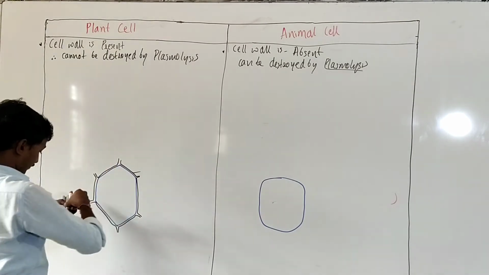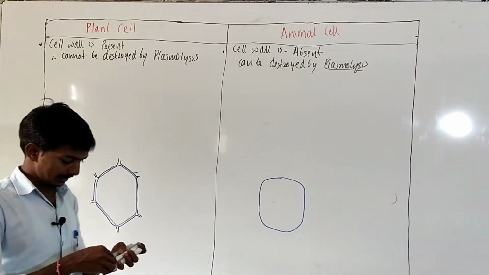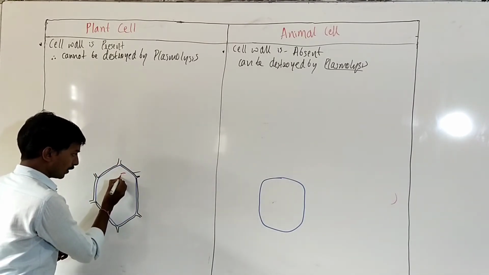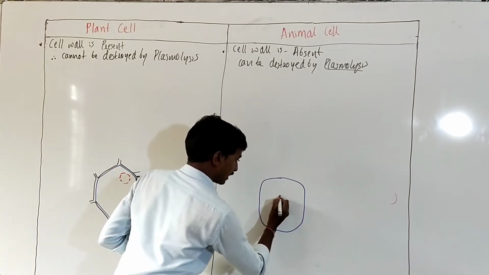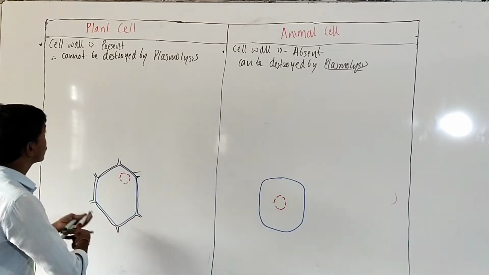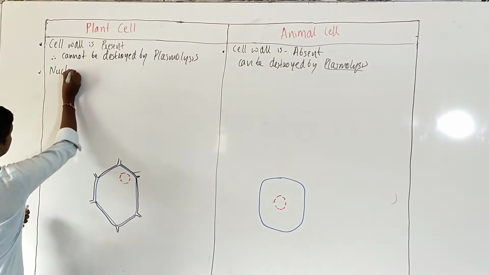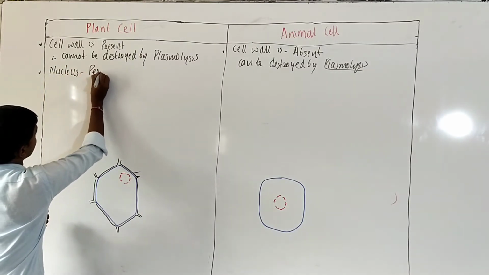Okay. Then a cell must have a nucleus. In plant cell, the nucleus is towards the periphery. In animal cell, the nucleus is at the center. So the next point, the nucleus is peripheral.